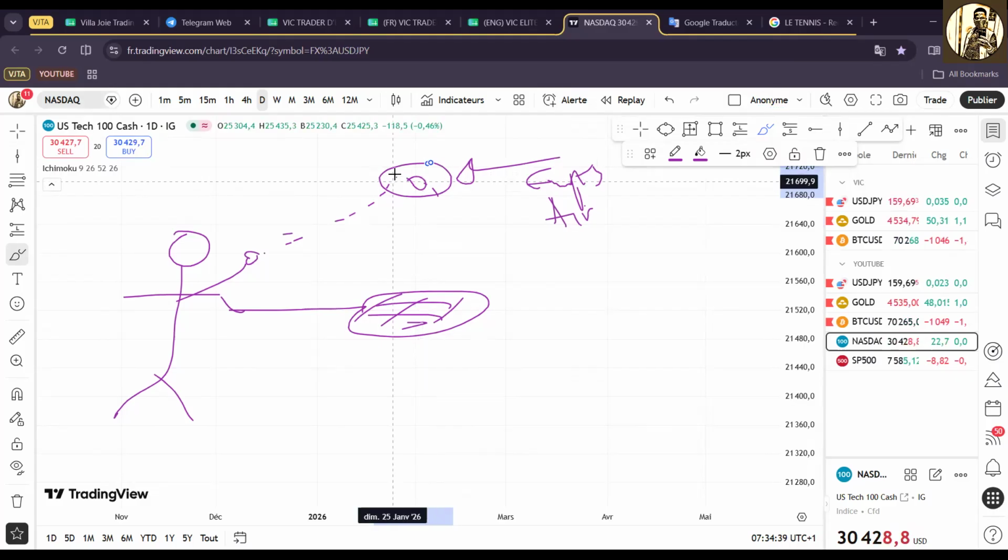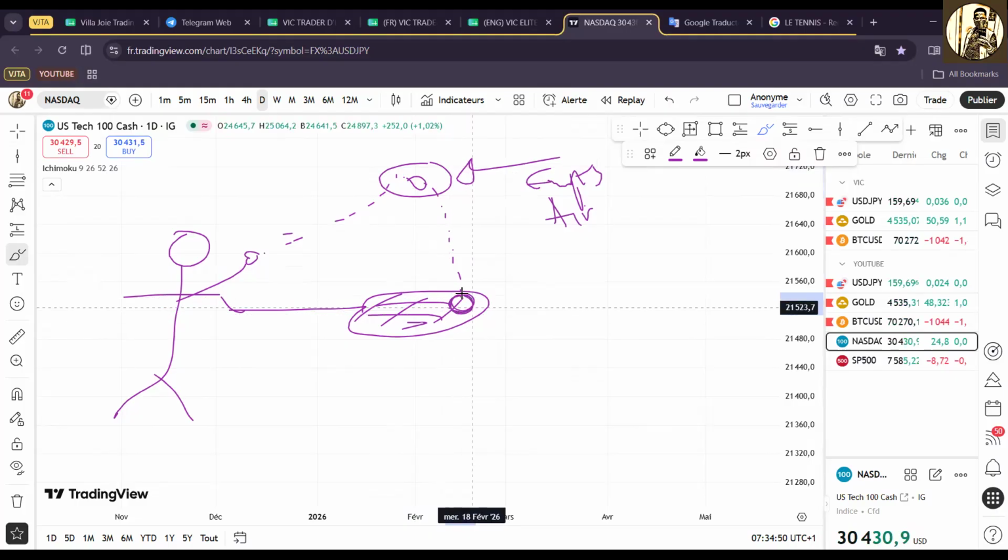So the ball will start making a curve to the downside like this and fall on the tennis racket, to start bouncing on the tennis racket and go up. So the second place where the ball bounces is on the tennis racket to go to the upside.